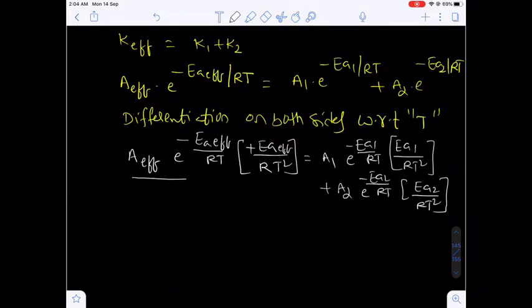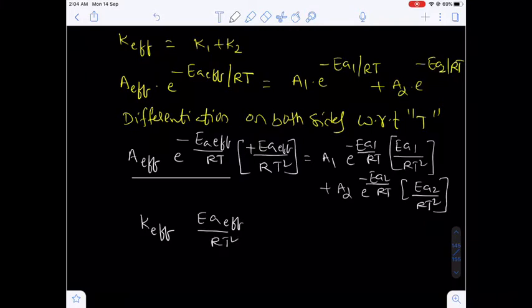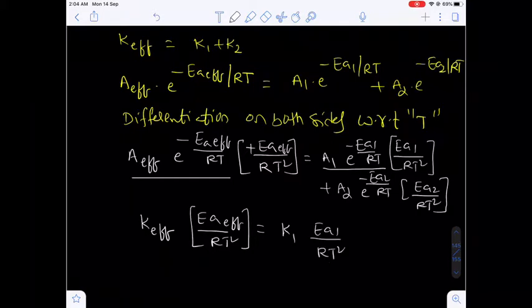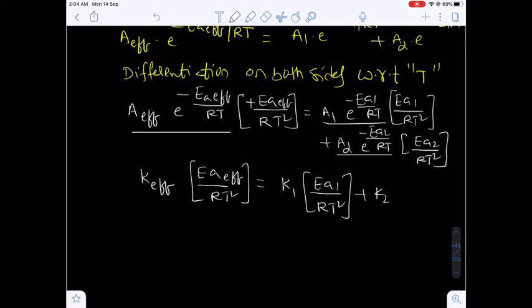Now here A effective into e to the power of minus EA effective by RT, again I can write K effective, into EA effective upon RT square, equals A1 into e to the power of minus EA1 by RT, which is K1, into EA1 by RT square, plus A2 into e to the power of minus EA2 by RT, which is K2, into EA2 by RT square.